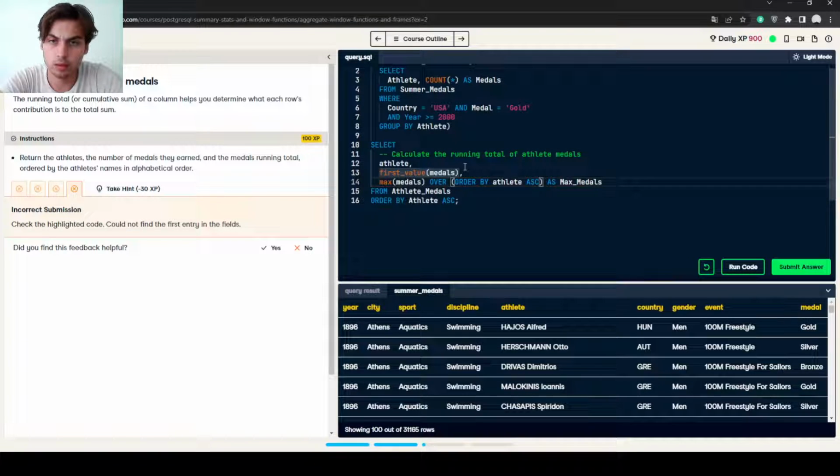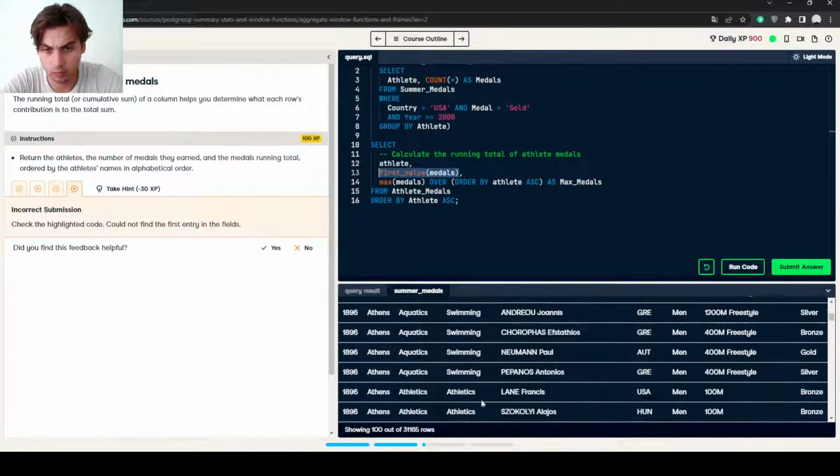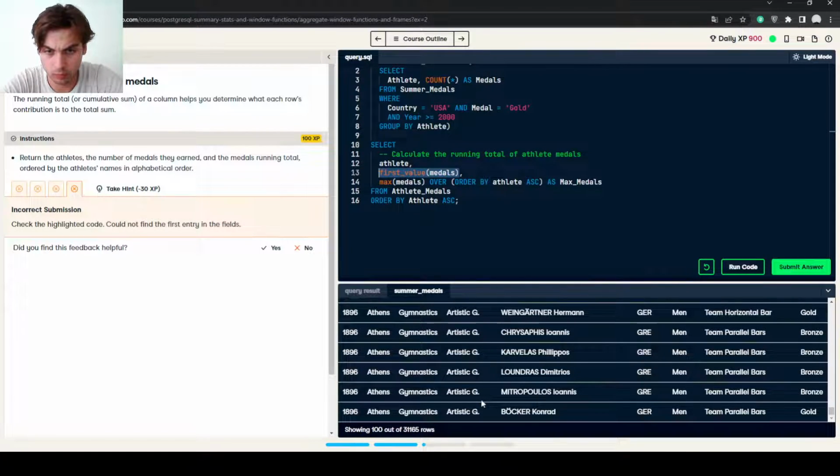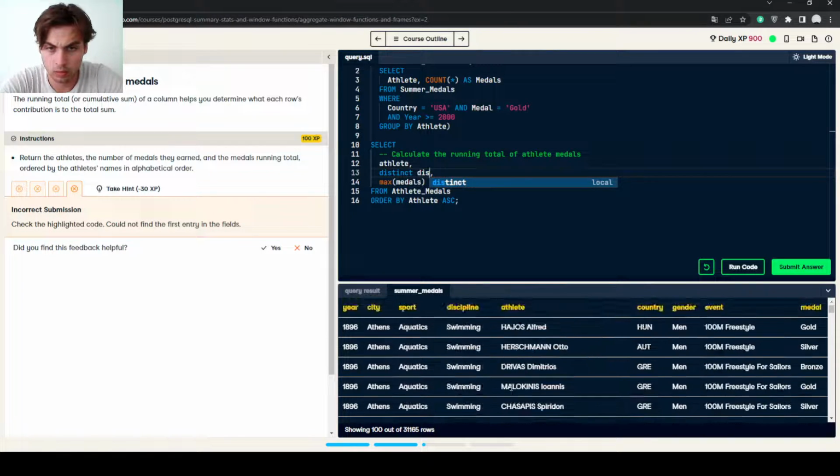Calculate the running total of athlete medals. Running на дисциплине, да? Дисциплина.